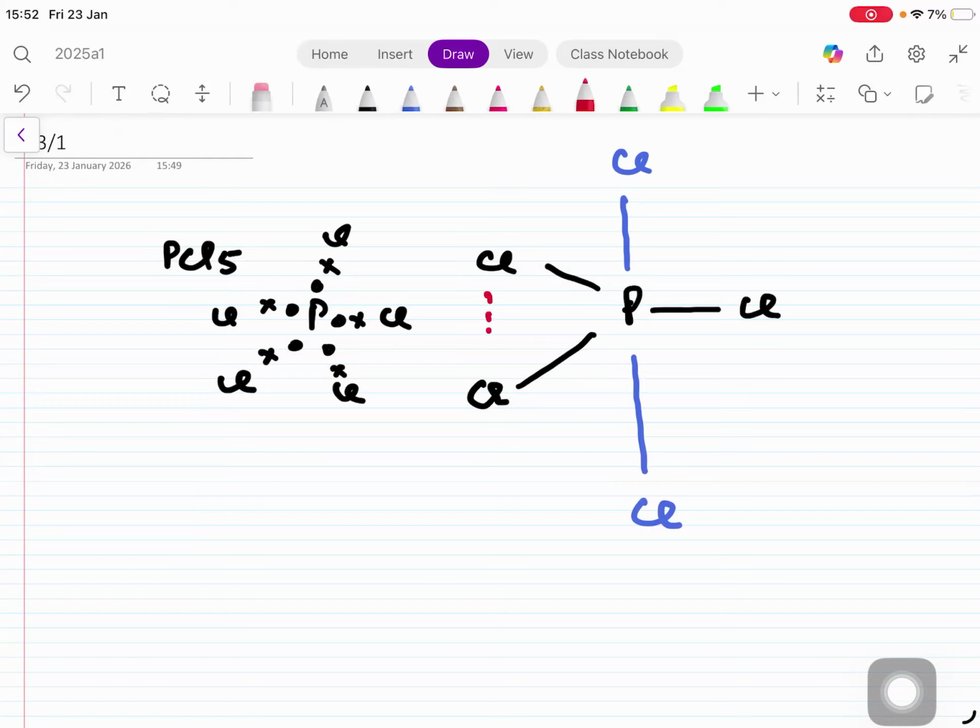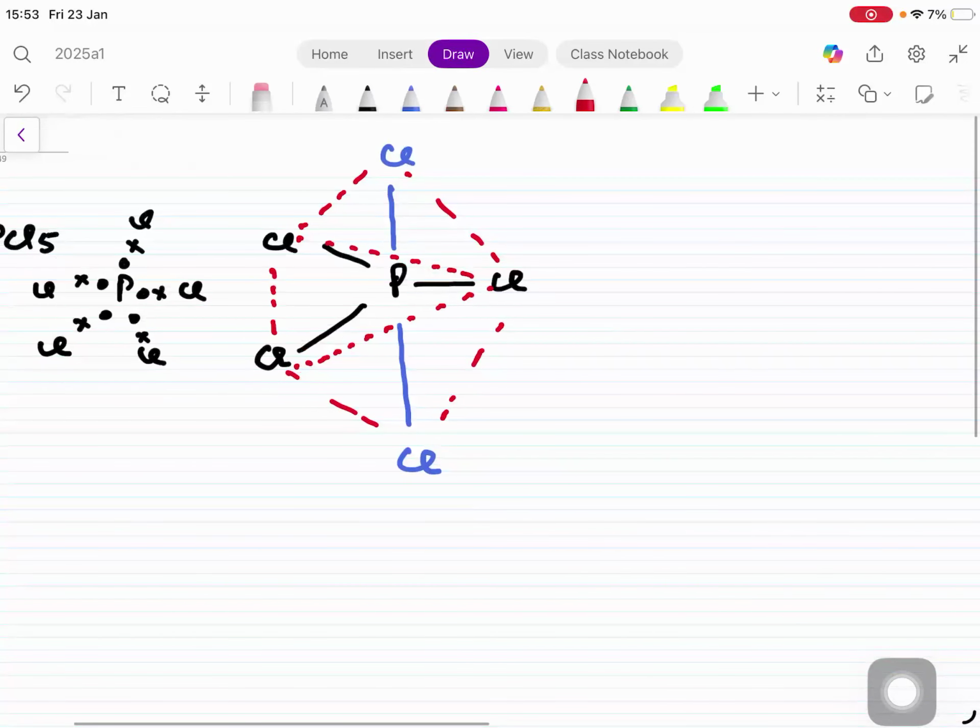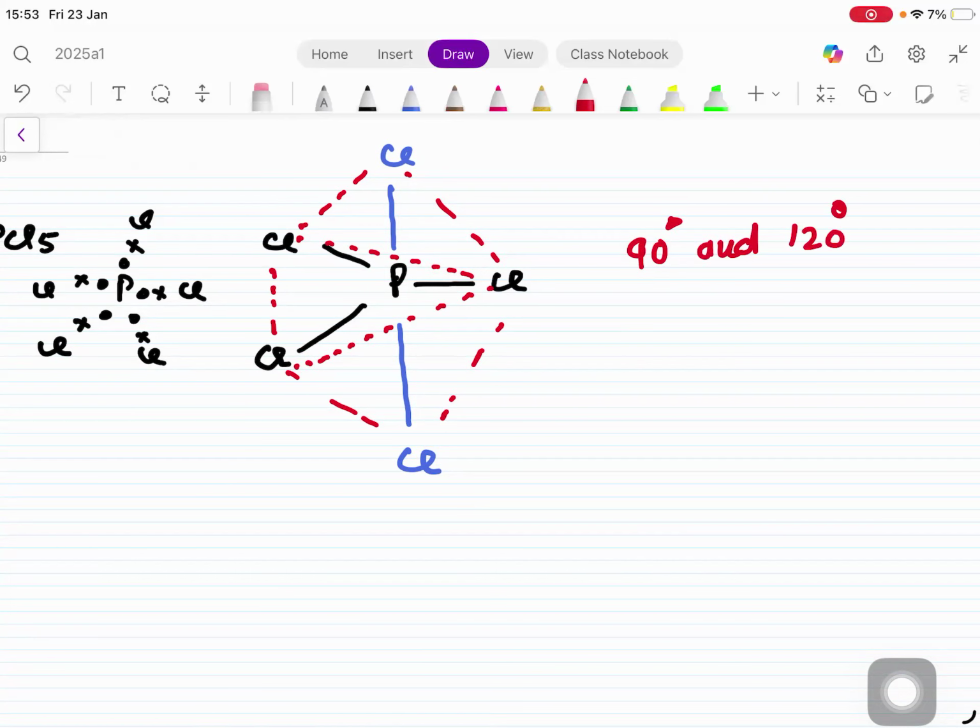So 90. The ones on the top have 90 with the ones which are at 120, right? So there are two angles in this case: there is 90 and there is 120. The shape name is trigonal bipyramidal.